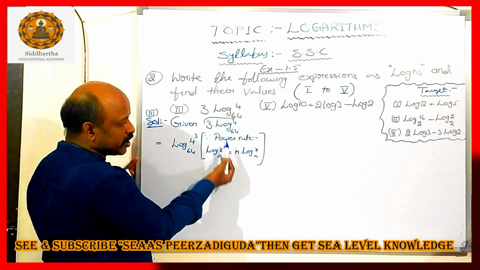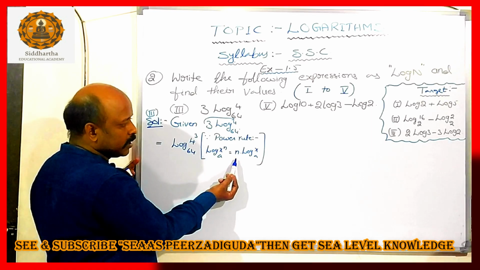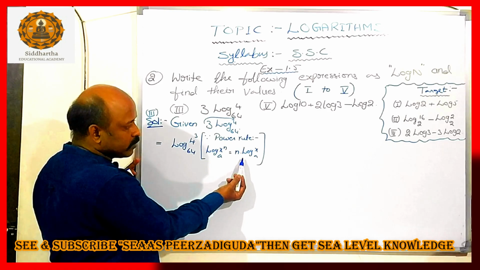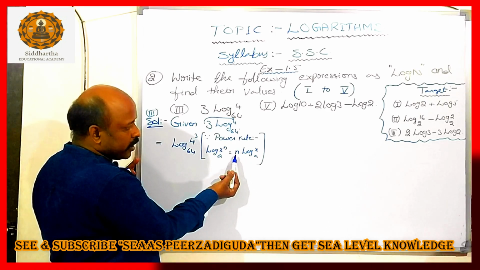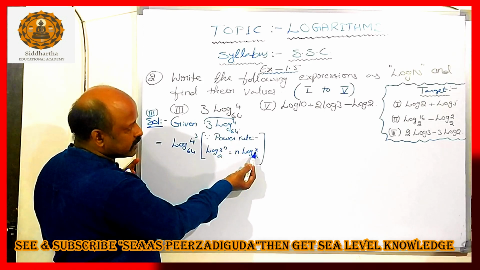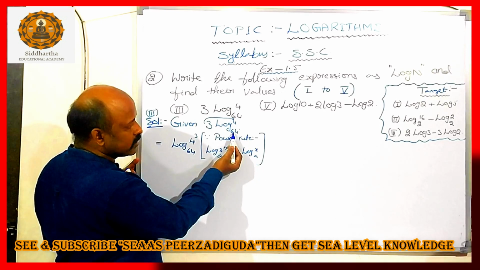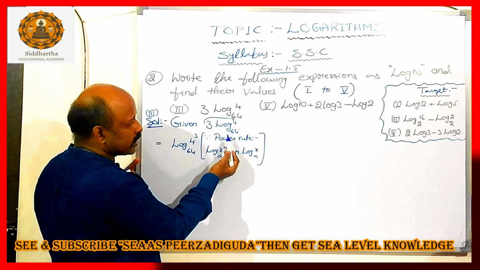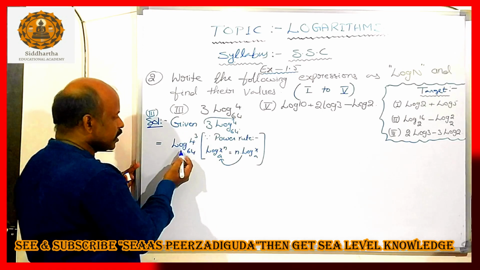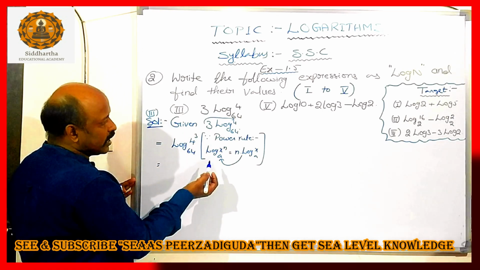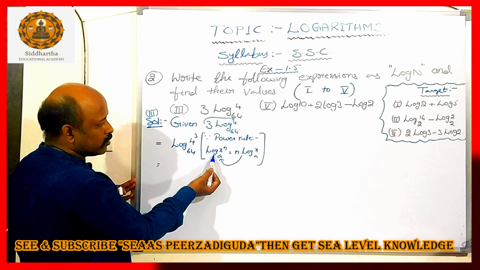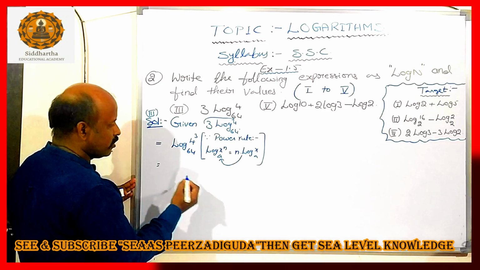So when we observe the question and this power rule, the question is in the form of the RHS. In the RHS form, the n value is 3, instead of x, 4 is there, and instead of a, 64 is there. So this RHS form I wrote as the LHS form. So the LHS form of 3 log 4 base 64 is log 4 cube base 64.